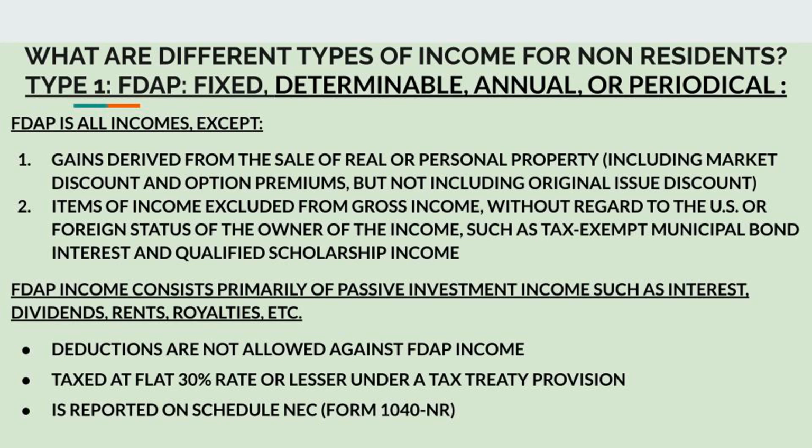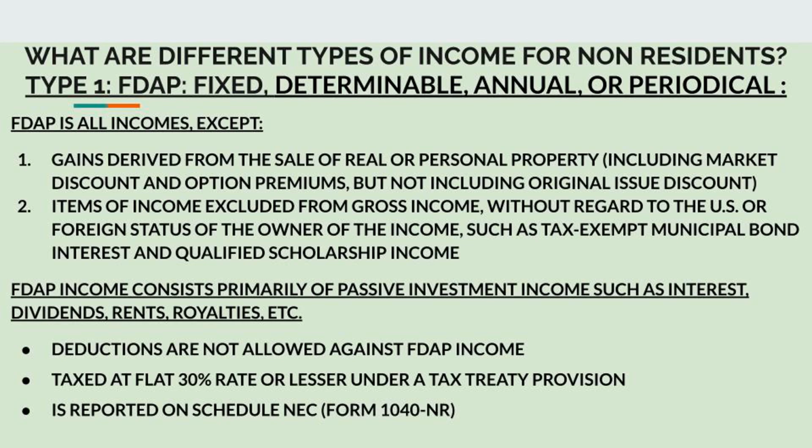Now, here we're going to look at the two different types of income that are treated differently for tax purposes as a non-resident. The first one is called FDAP, which stands for Fixed, Determinable, Annual or Periodical income.